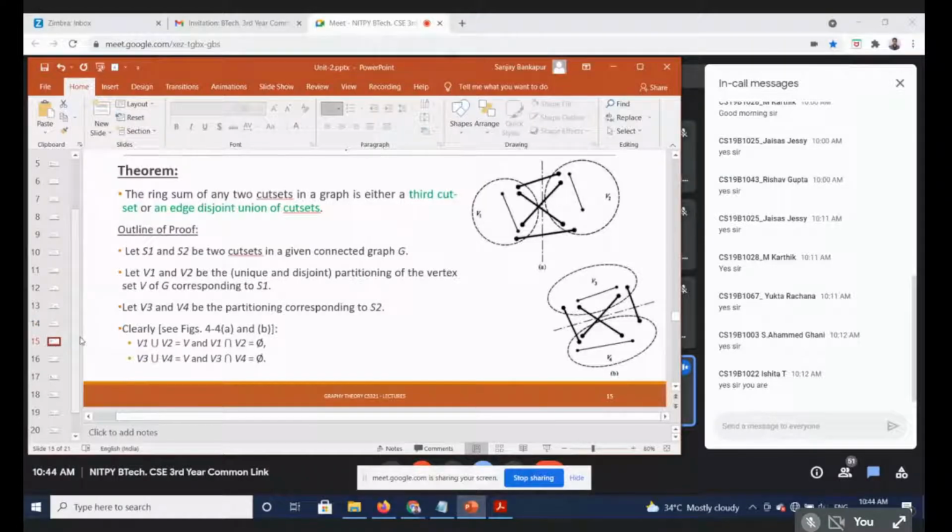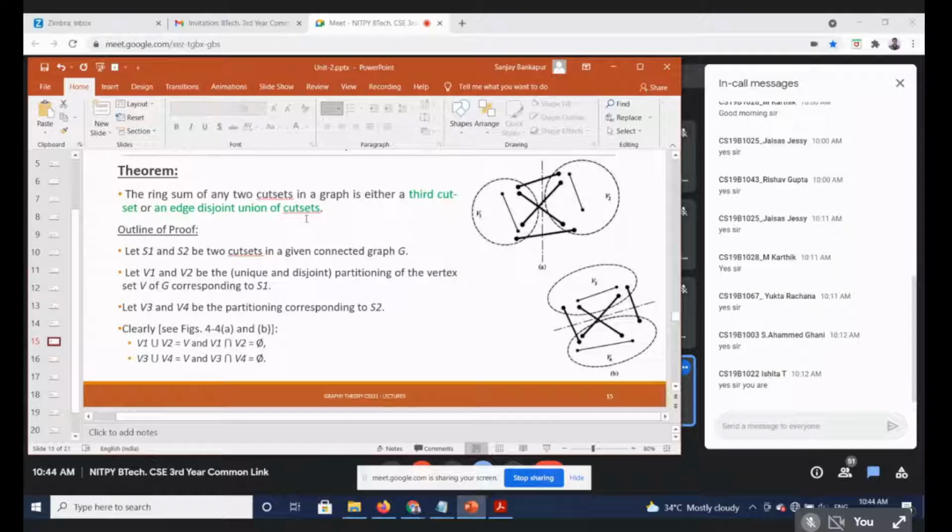Right. So before going to that, there is one more quick theorem. By this theorem, we will probably understand more about how to get different cut sets. They say that the ring sum of any two cut sets, ring sum is an operation.